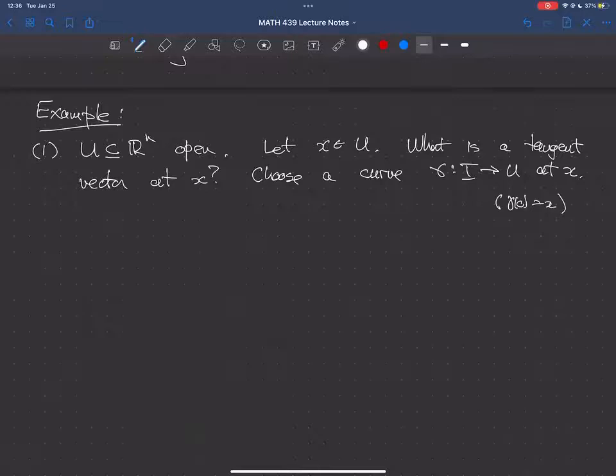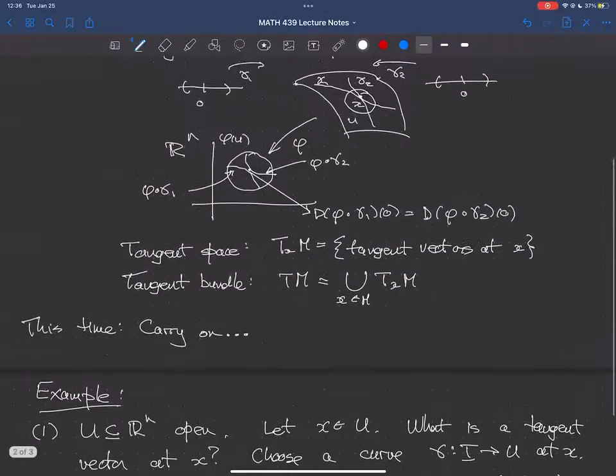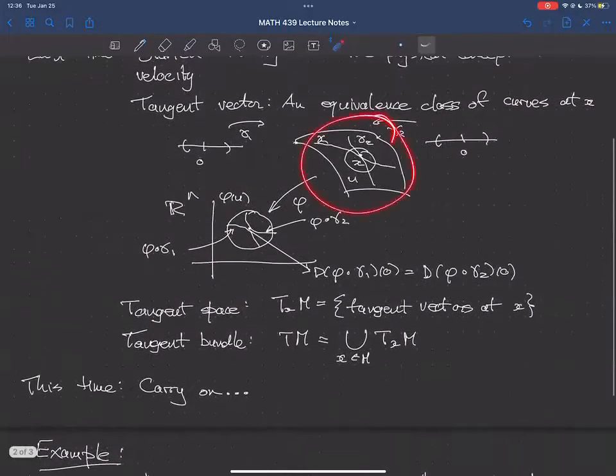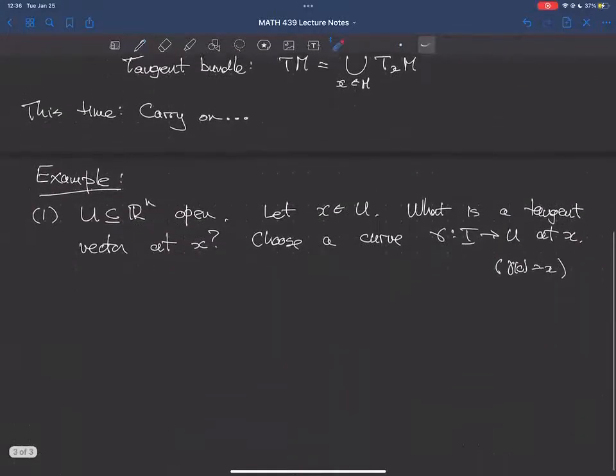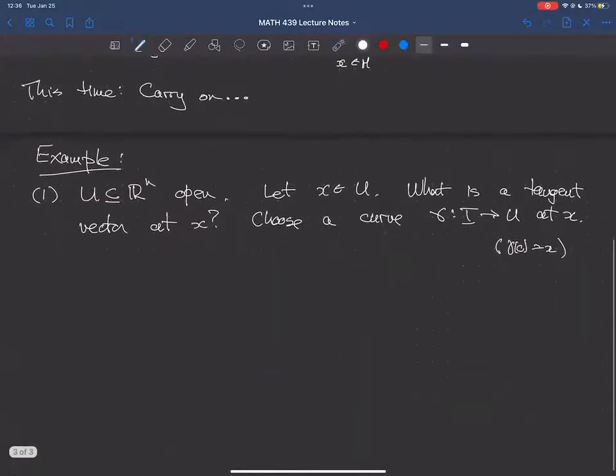Now, because we don't have to do this business with charts, since we're already in an open subset of Euclidean space, we kind of know what the tangent vector of gamma is.